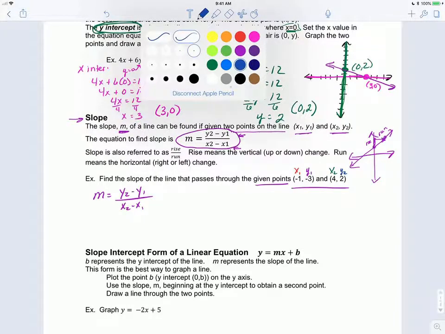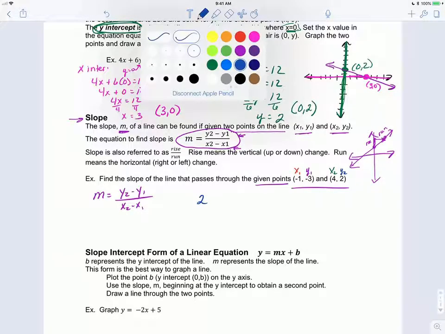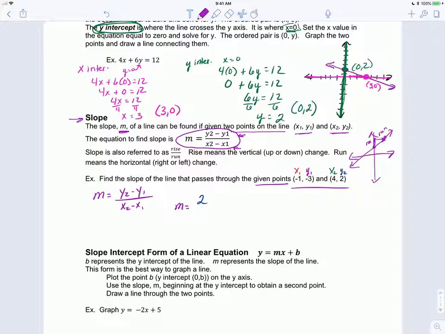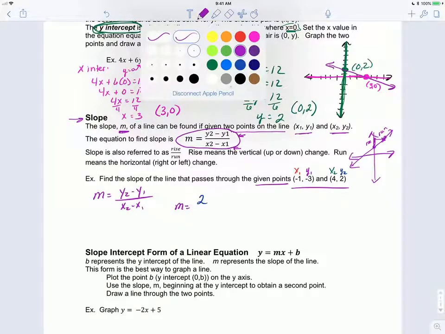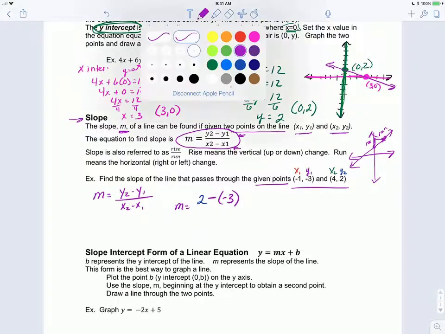So y2 is 2. y1 is -3, but remember, the equation is minus y1, so we cannot drop one of those negative signs. That's 2 minus -3, which ends up being +3 in the end.